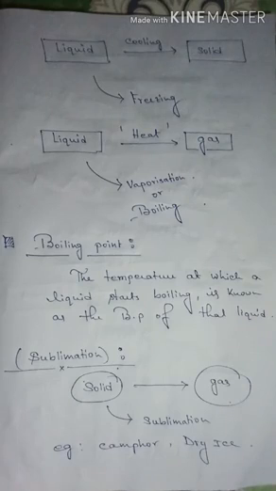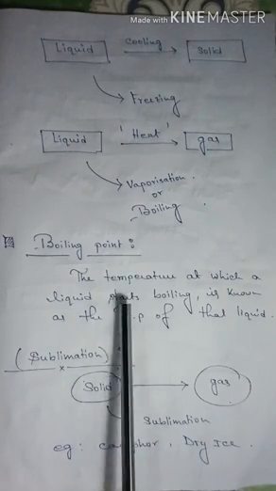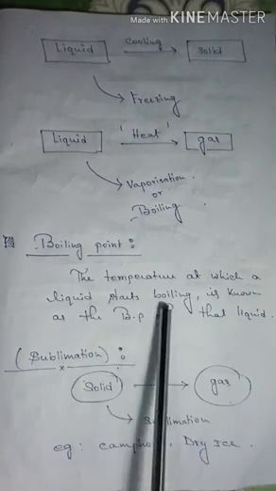Now for any liquid, the temperature at which that liquid starts boiling is known as the boiling point of that liquid, right? Look, there is an important part, which is "starts boiling." This part is very important.